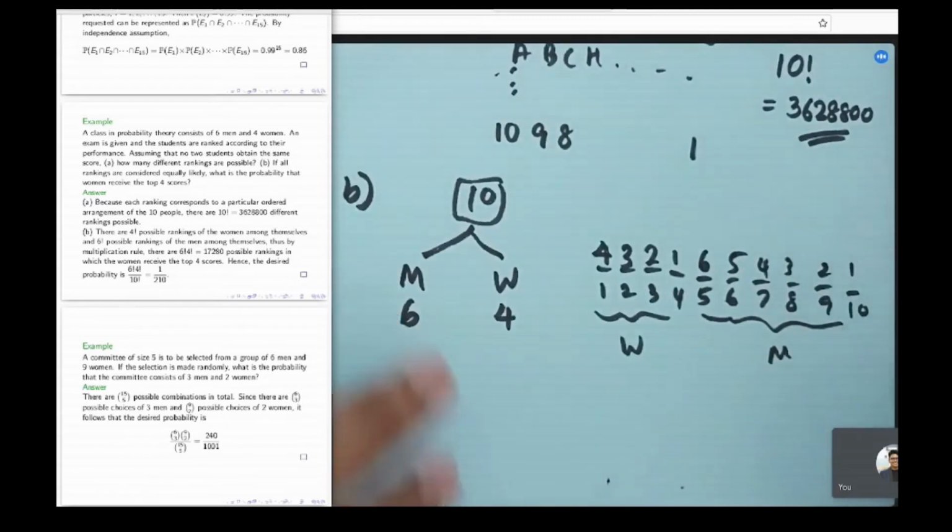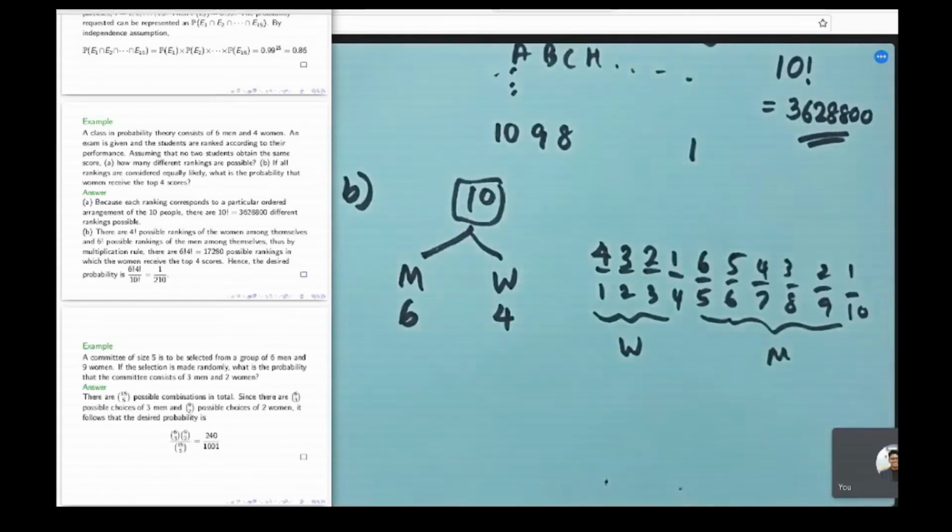The probability of getting the top 4 scores is the same as the probability that they get the last 4 scores, because the problem itself is symmetric by definition.